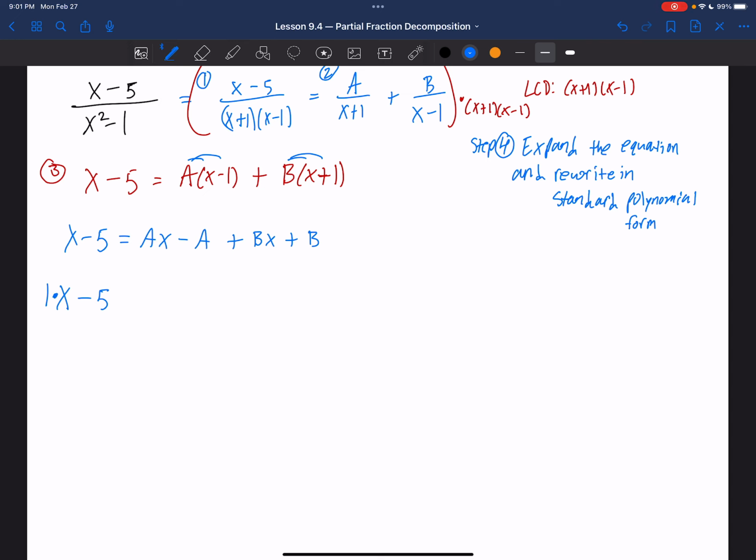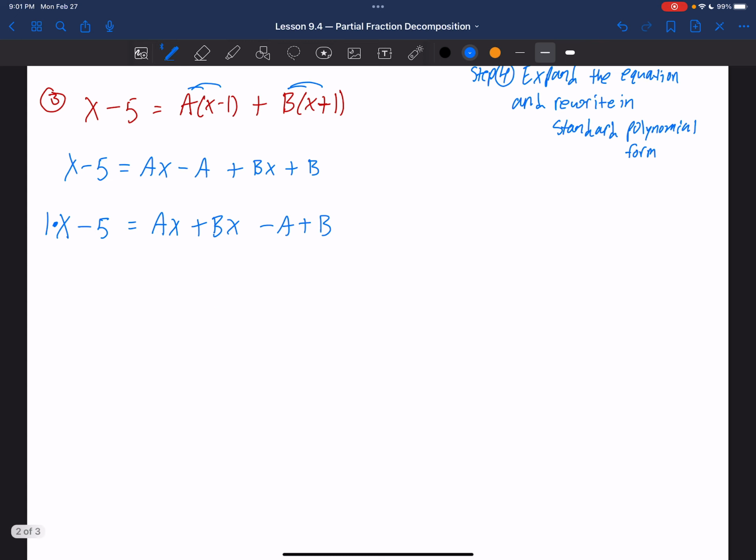That's going to be important in a second. Equals, this is ax plus bx. Notice I'm putting the x's together. And then minus a plus b. Okay? Notice, these are our linear terms. And these are our constants.